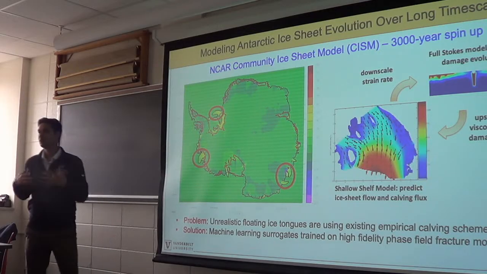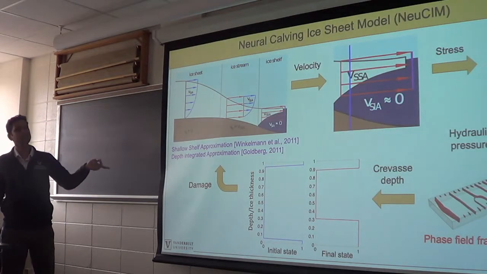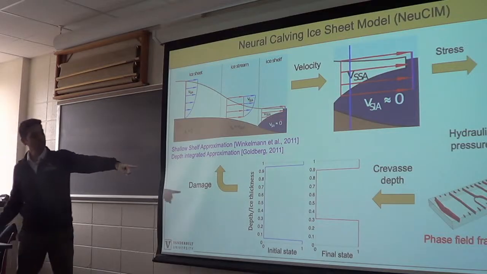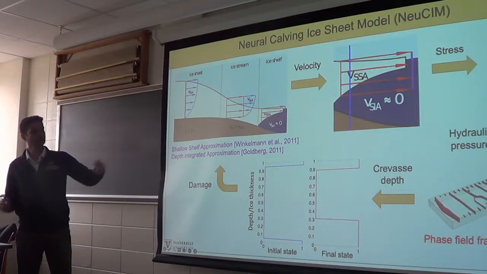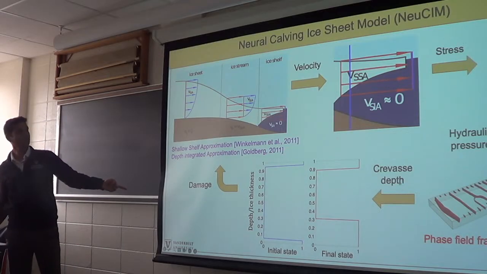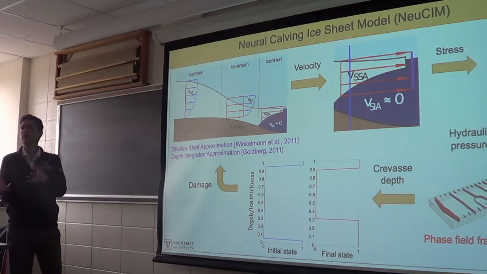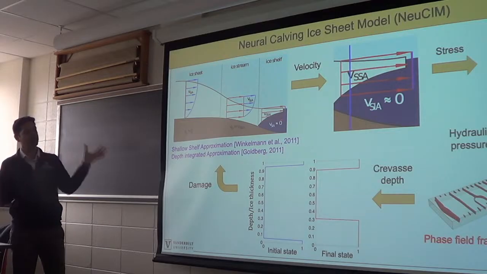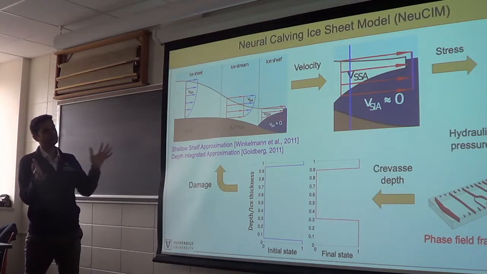You want something faster. So that's where our idea of this neural calving ice sheet model comes from, where instead of running this phase field here, we train a neural network model where the input is the stress field at various boundary points, and then it gives you directly what the crevasse depth is. That means we are highly condensing all these very nice crack patterns that we can get from phase field.